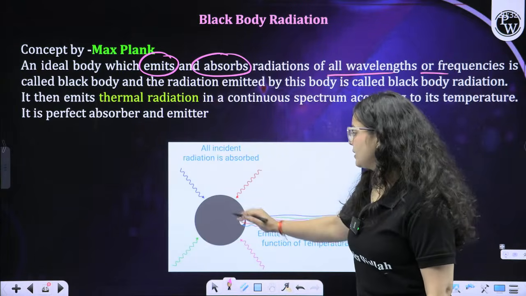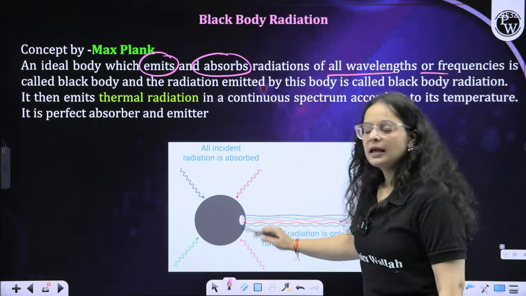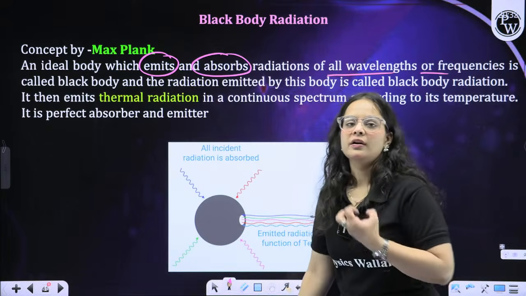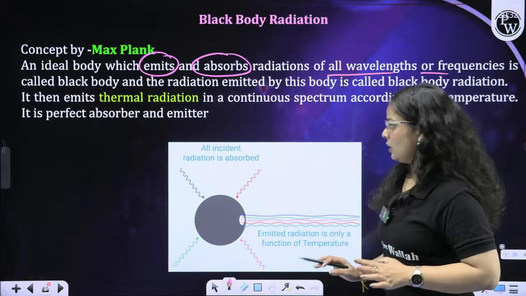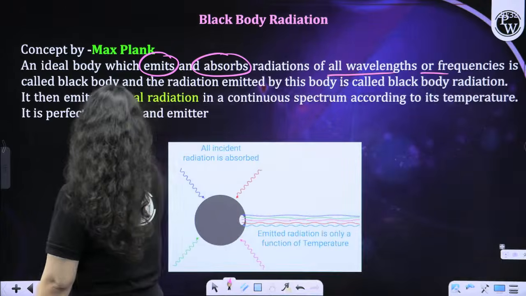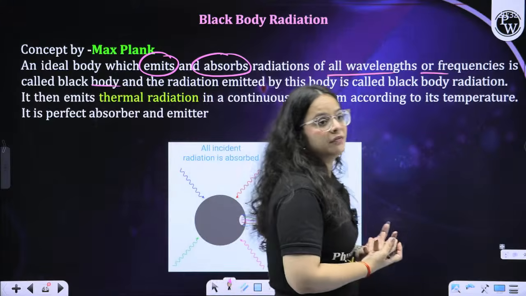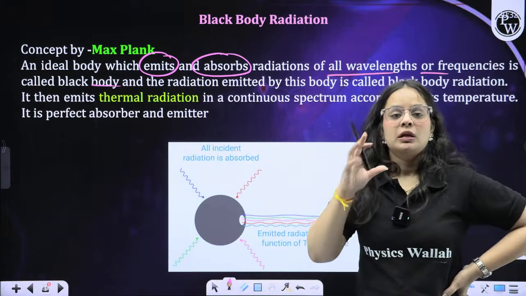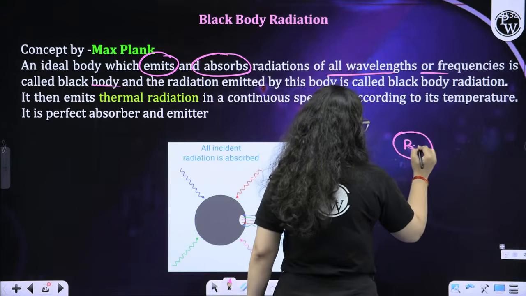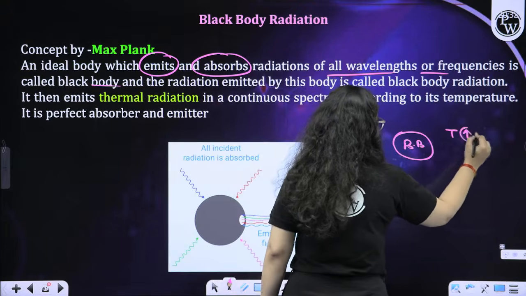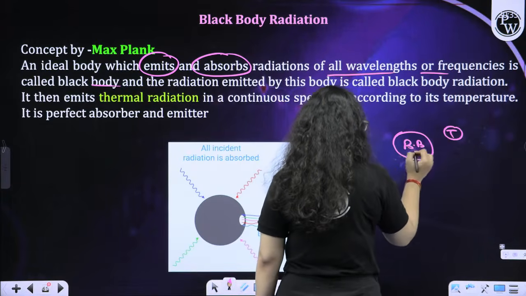A black body is such a thing, as you can see with this example. You can see different colors, which simply shows that different radiations are absorbed and emitted as well. This is how a black body usually behaves.